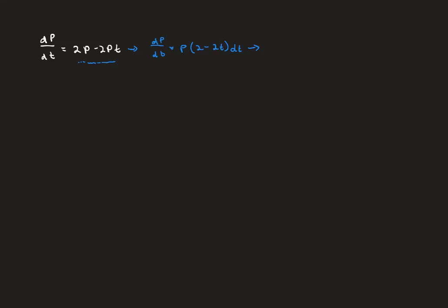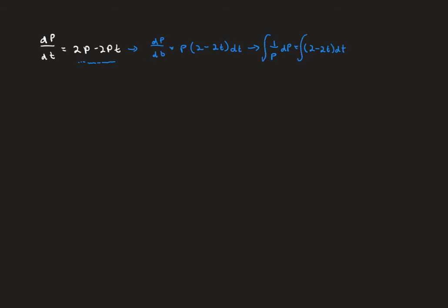So I'm going to divide the p over, making that 1 over p dp. I'm going to leave the 2 minus 2t and multiply the dt over. Now we have separated our variables. We'll integrate both sides.